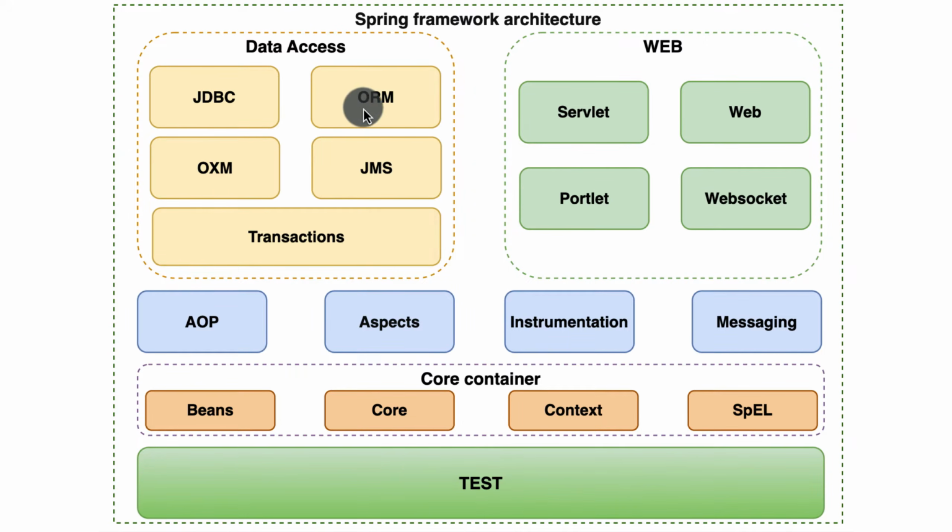Then ORM, which provides integration with popular ORM frameworks like Hibernate and JPA, allowing developers to map their applications' domain models to a relational database schema. And OXM provides integration with Object XML mapping frameworks, allowing developers to map between Java objects and XML documents.